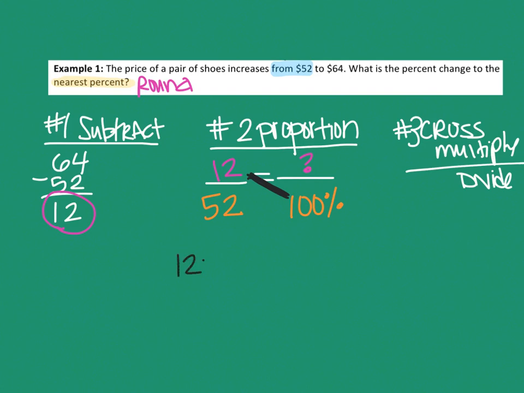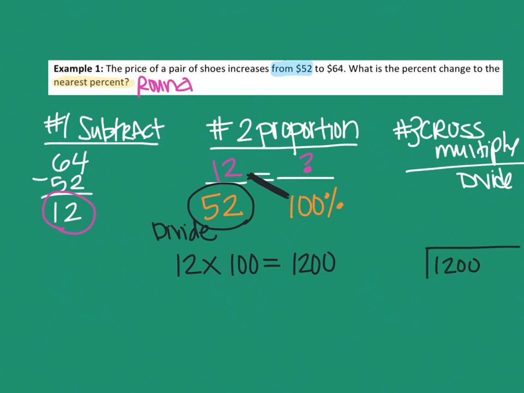Okay, anything times 100, that's really easy. You just put the 2 zeros on the back of it. So 12 times 100 is 1200. Then this other number that's left over, this is the one I divide with. So 1200 goes in the box and 52 goes outside the box.